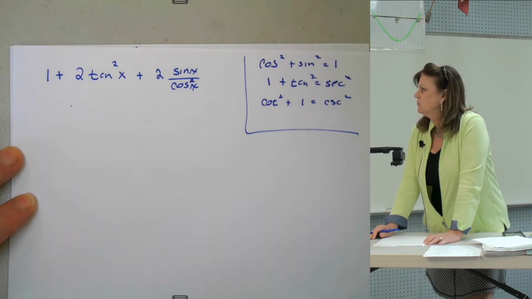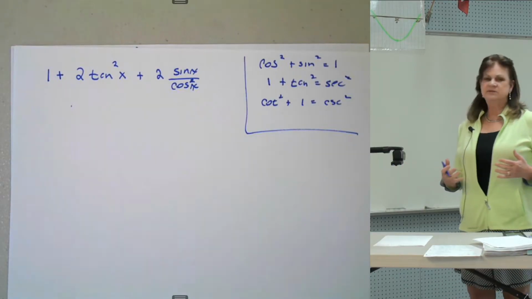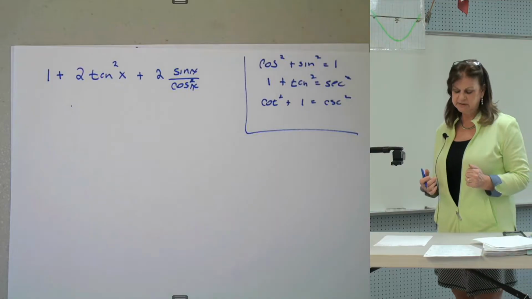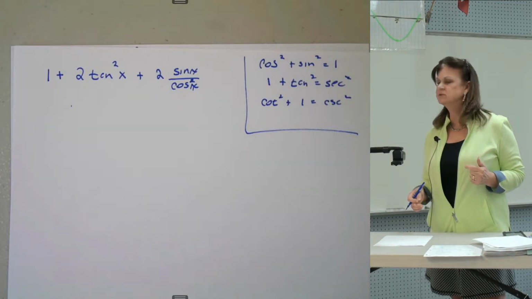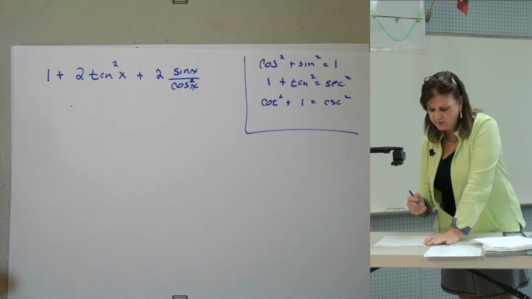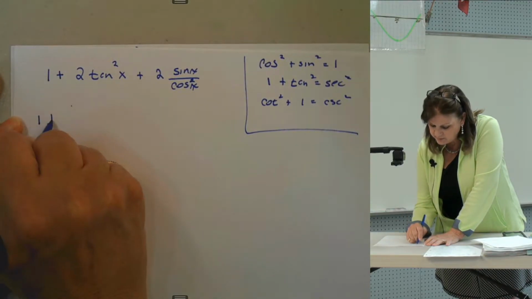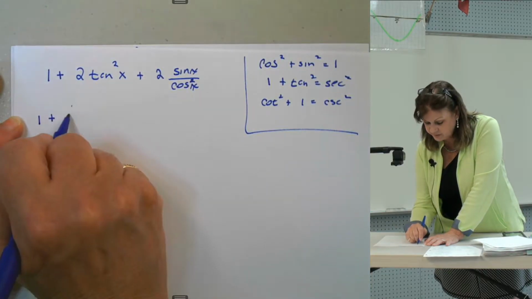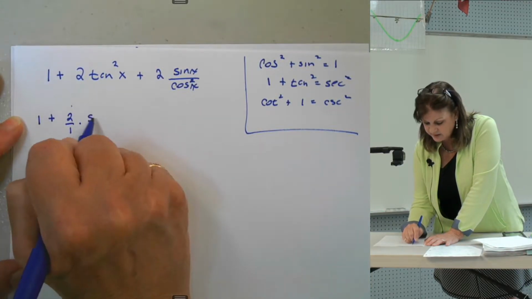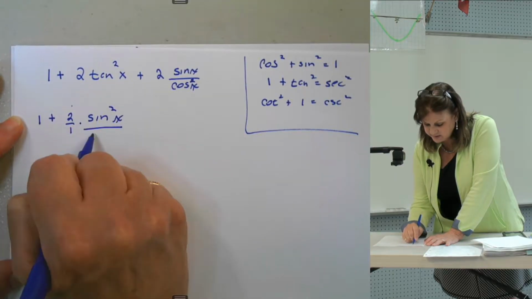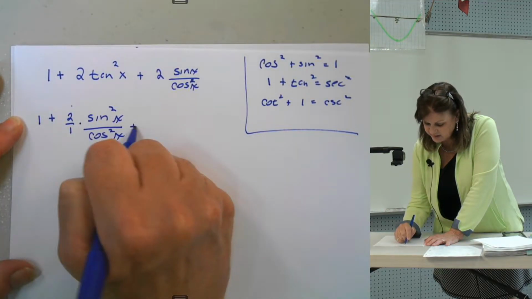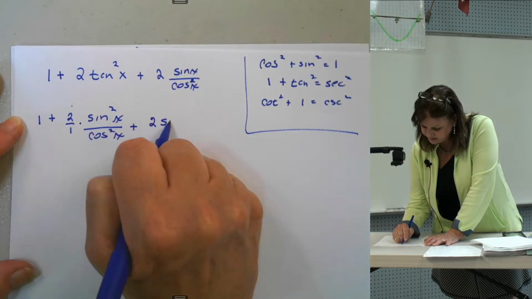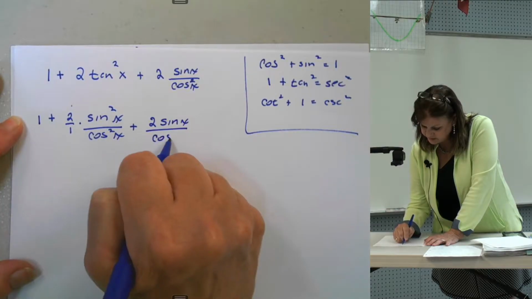All right, so I've got to figure out a way to put all this together, because remember, our goal here is 1 plus sine over 1 minus sine. So what I know is that tan squared is sine squared over cosine squared. So I'm going to have 1 plus, because I'm going to change tangent into a fraction, 2 over 1, and I've got sine squared x over cosine squared x plus 2 sine x over cosine squared x.